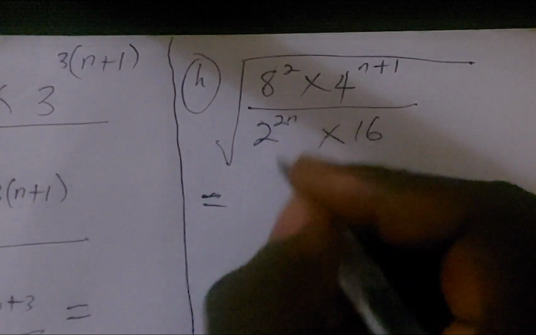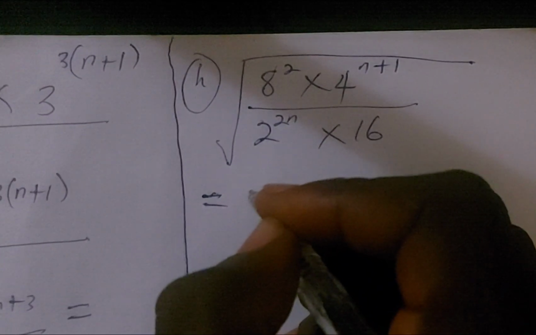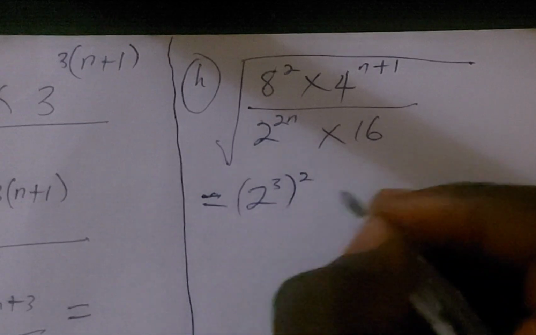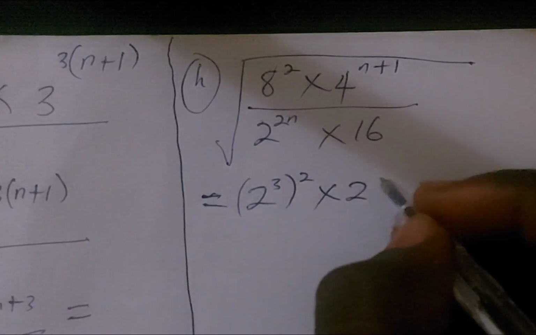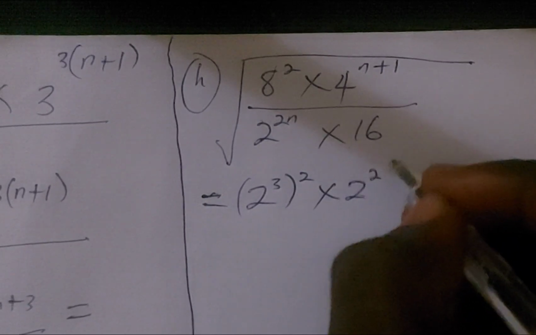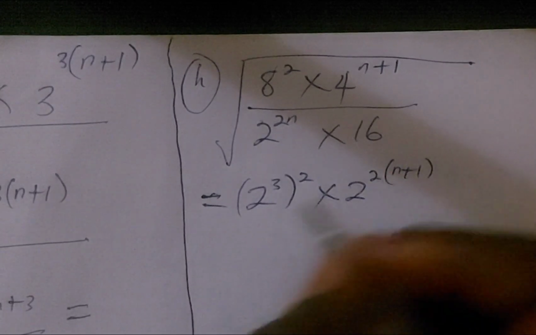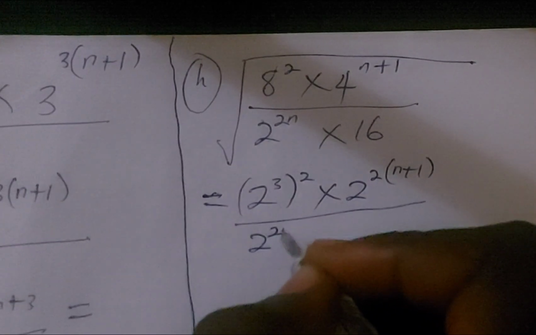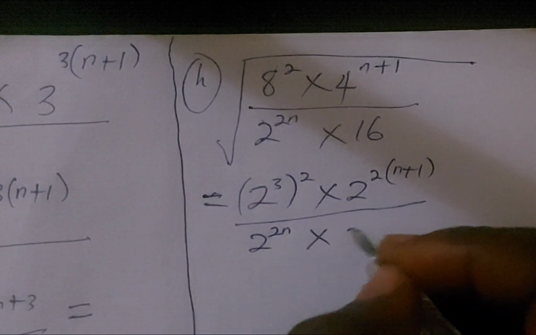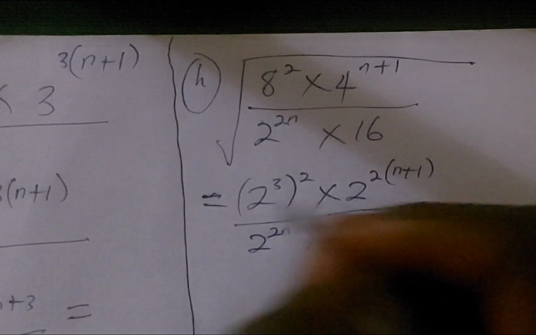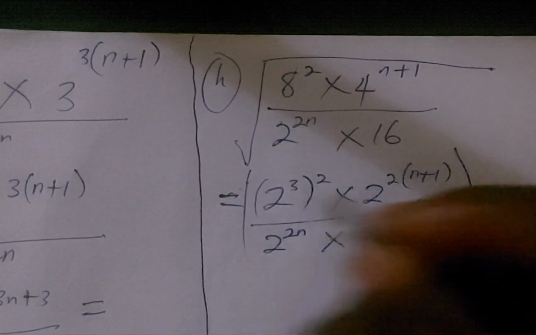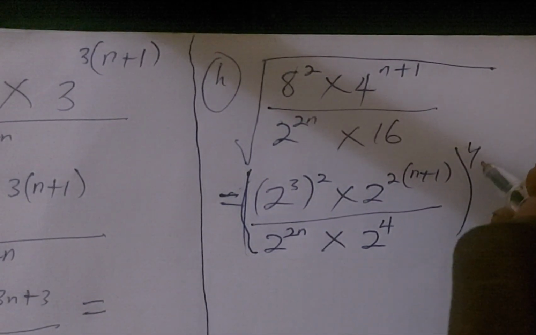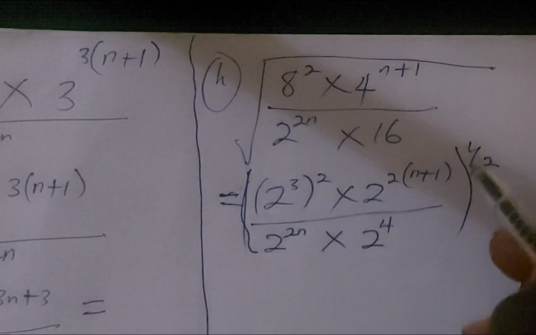So we have 8 is 2 raised to the power of 3, in brackets, power 2, multiplied by 2 raised to the power of 2, which is 4, give n plus 1, all over 2 raised to the power of 2n times 16 is 2 raised to the power of 4, all raised to the power of half, which is square root. This whole sign is 1 over 2.